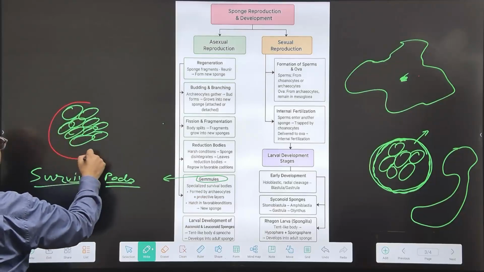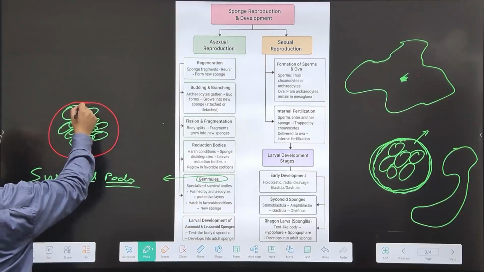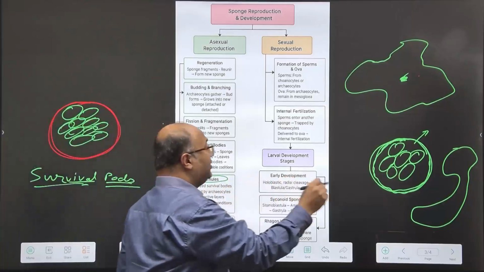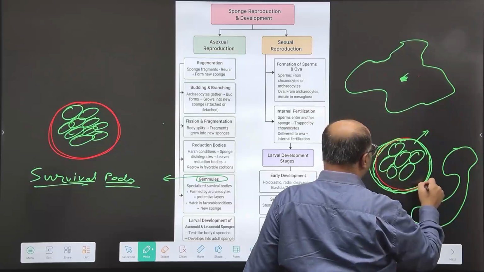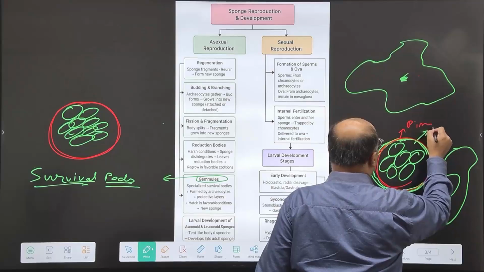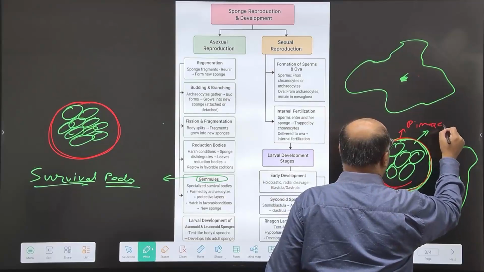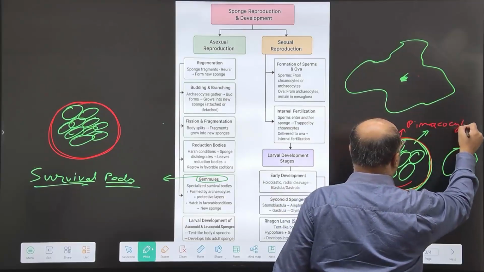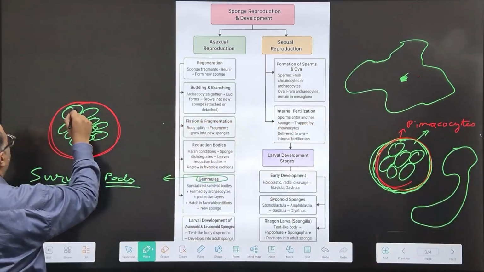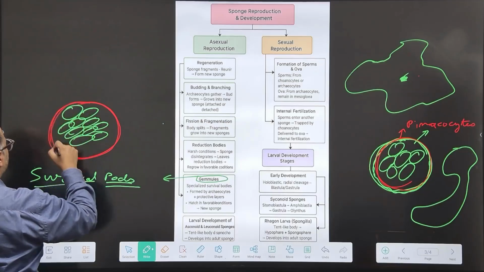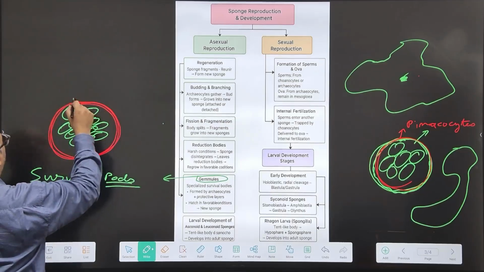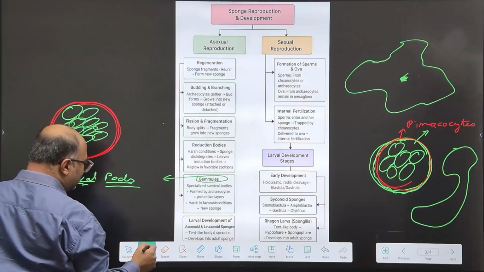a tough layer, a chitinous layer, instead of pinacocytes. Here the archaeocytes were lined by pinacocytes in case of reduction bodies. In case of gemmules, these are not pinacocytes, this is a chitinous cover, a tough cover, and then you will have lots and lots of spicules.